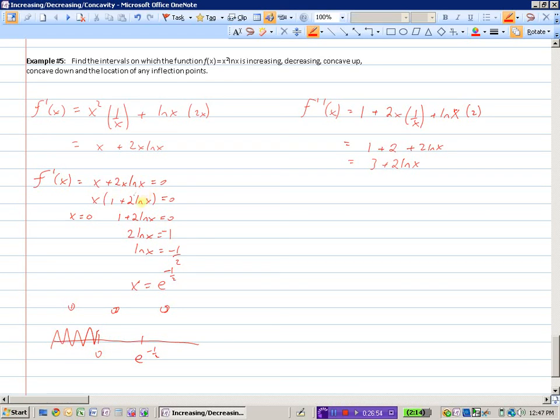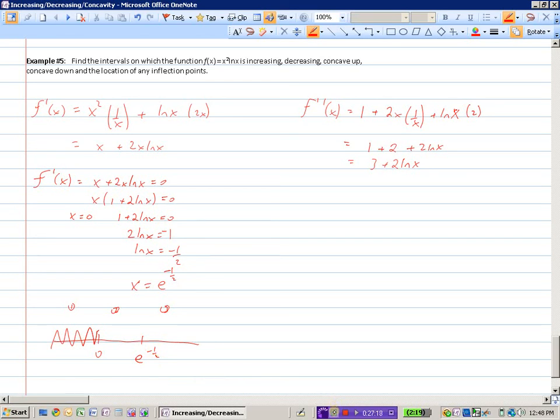Let's test the region between 0 and this number here. Well, if you went and figured out approximately what this is as a decimal, e to the 1/2 means the square root of e, and then its reciprocal. So I'm going to try a really small number, like 0.1.